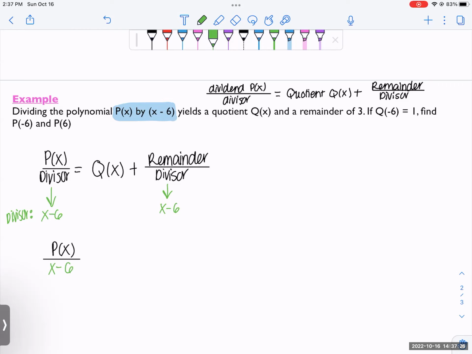We know that this is the quotient q of x. The remainder is 3. I'm going to leave the q of x part alone for a moment. The remainder is 3. The divisor is x minus 6.